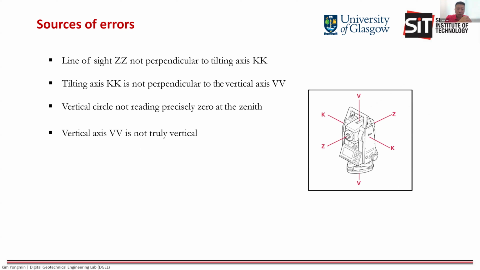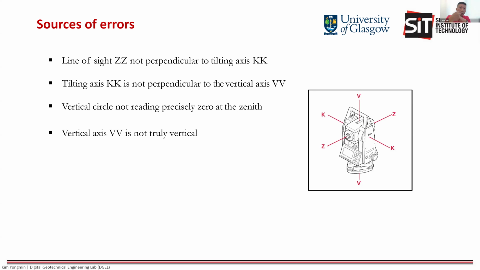Line VV, which is vertical, and KK and ZZ, which are horizontal. The ZZ is going through the length of the total station, and the KK is supposed to be perpendicular to ZZ and the VV.